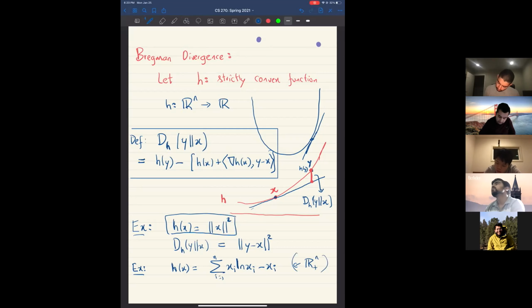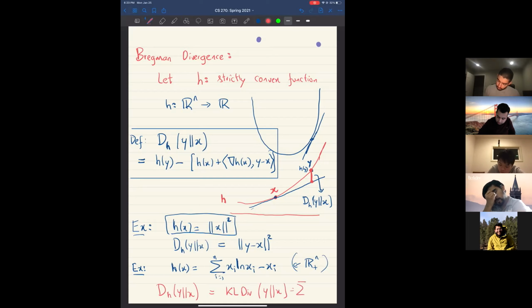And then the corresponding Bregman divergence is something that we must have seen in some context, which is the KL divergence between the probability distribution y and the probability distribution x.